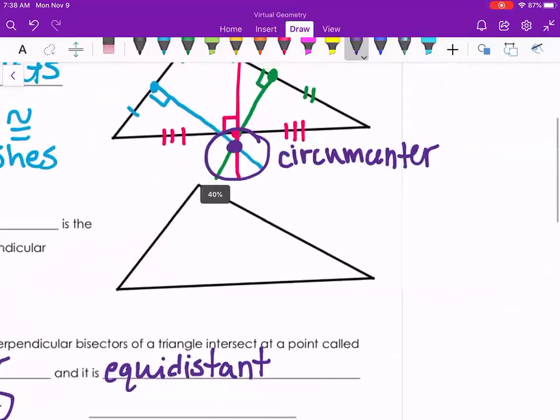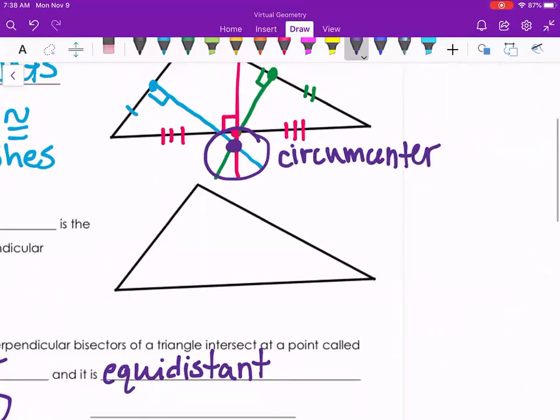So if I take that same picture, my circumcenter was outside of the triangle. And again, that just so happened to work in this one. But again, the theorem says that that circumcenter is the same distance to all three vertices.